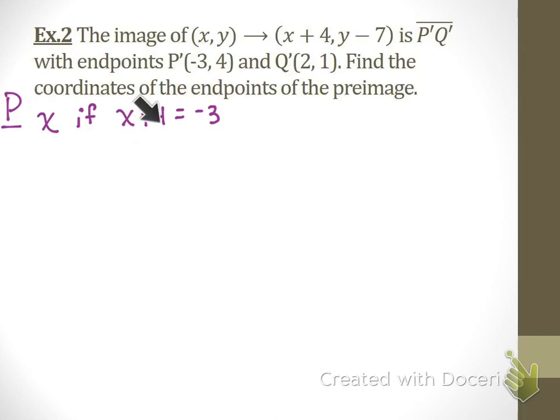Does this make sense? So how would we solve this, Kobe? So we would subtract the 4 on both sides, and that x coordinate, like Detriana said, is -7. So for P, we know -7 is our x coordinate. All right, Kobe, what would we set up to find y for P?